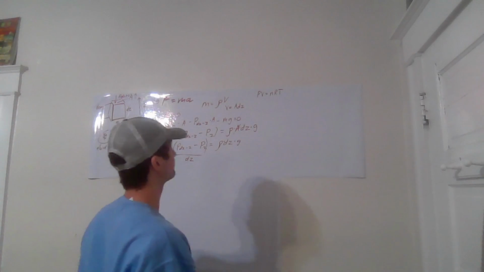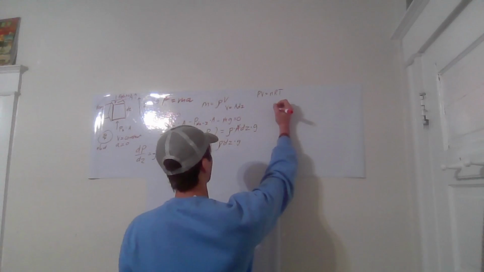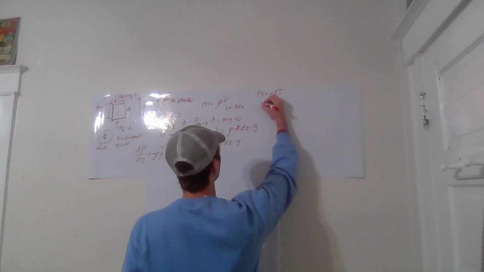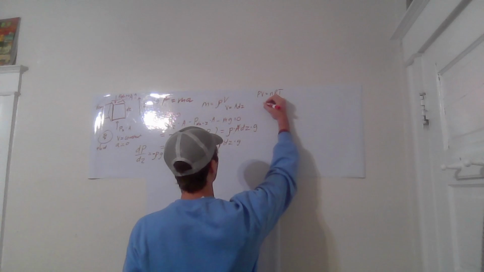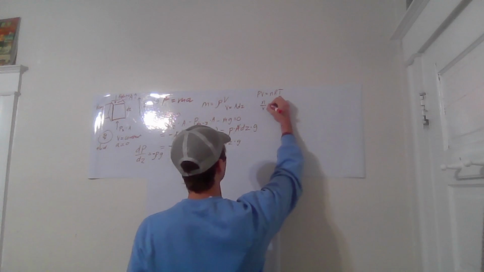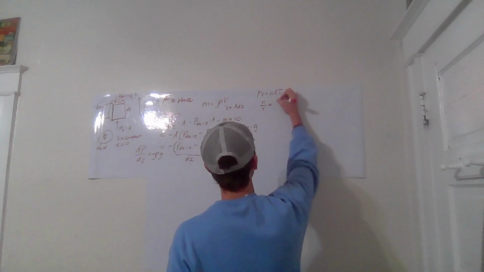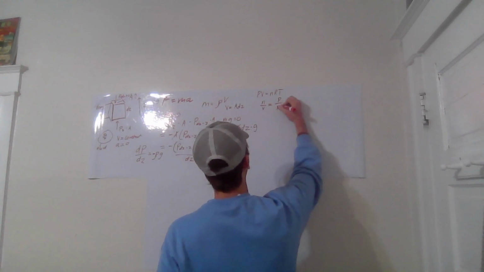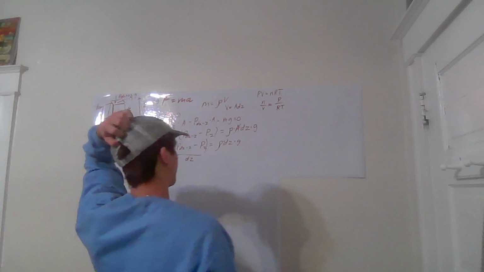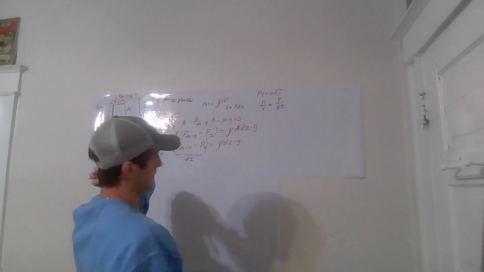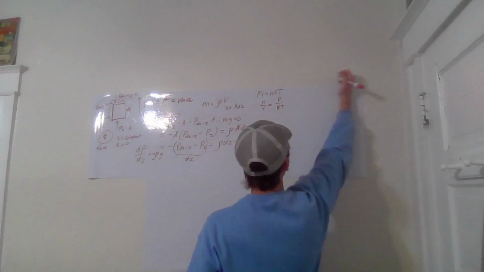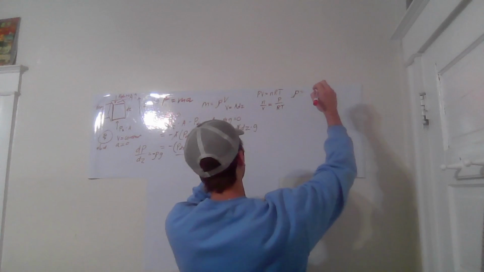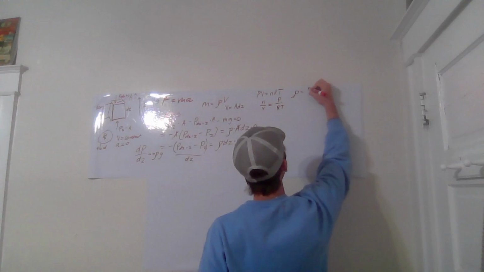The way we're going to do that is change this up a bit and say that our n over V is equal to P over RT. But we also have to account for that n and V that we don't really want. And so we're going to say that our density is equal to mass over volume.